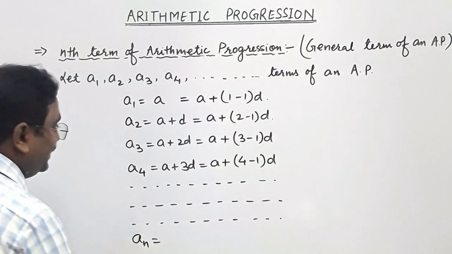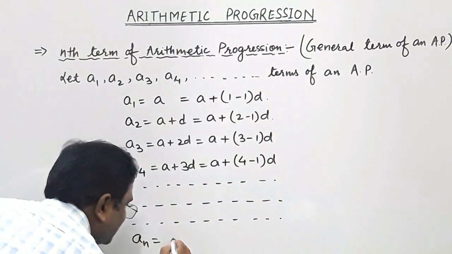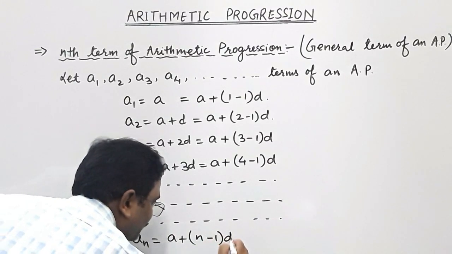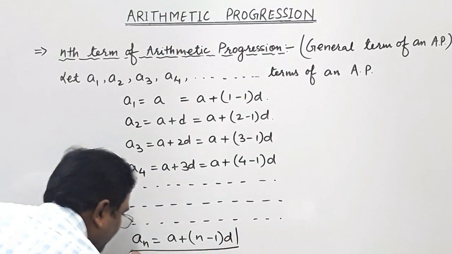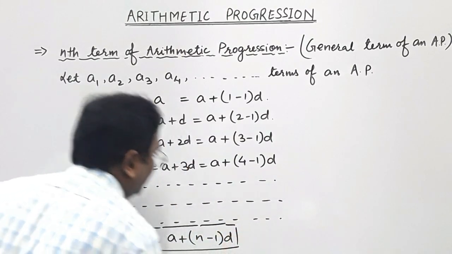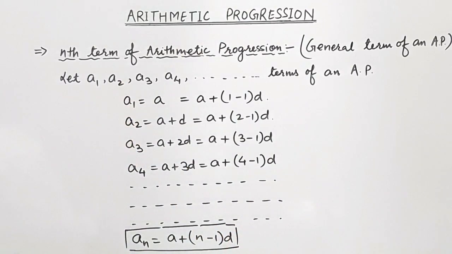So similarly an can be written as a plus n minus 1 into d, which is the very important formula of this chapter and can be derived in this form.